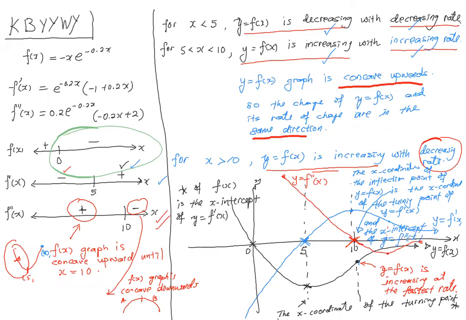So if you give me this sign diagram, I straight away know that the x-coordinate of the inflection point of f(x) is 10. The x-coordinate of the stationary point for f prime x is 10. So that is how we relate.